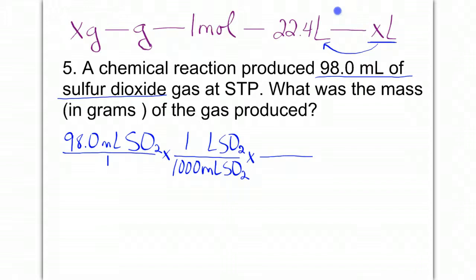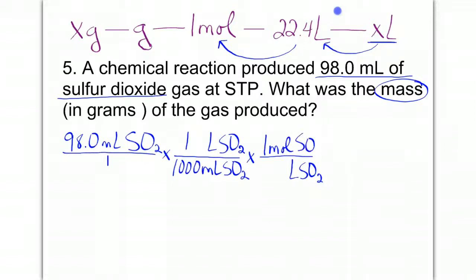Times, draw a line. We need to know where we're going to stop, and they're asking what is the mass. So we'll be stopping at grams, which is 2 more steps from now. So bring down liters of sulfur dioxide. We want to go from liters to mole. And it's 22.4 liters equals 1 mole.